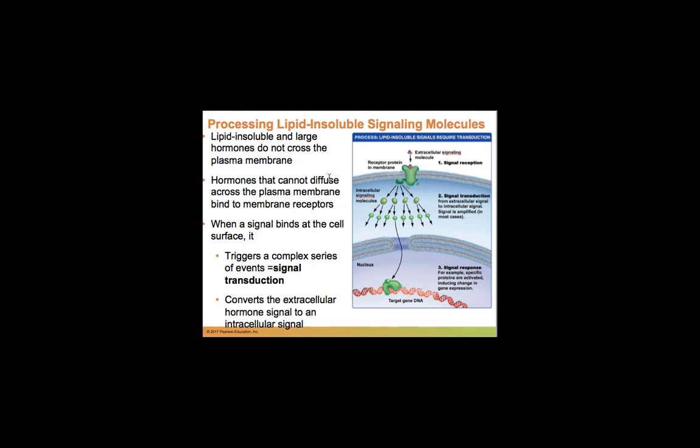So lipid insoluble is unable to pass through our plasma membrane. What's going to happen instead is that insoluble molecule will bind to a cell surface receptor. Once that hormone or molecule binds to a receptor, it's going to induce intracellular signaling molecules. So we went from an extracellular message, translated it into an intracellular message. That's our signal transduction. Then that secondary messenger will impact our DNA in the nucleus.